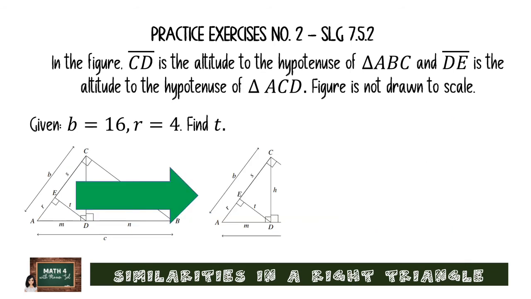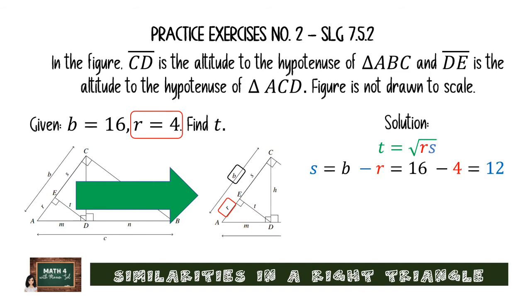We know that T is equal to the square root of the quantity R times S. Since R is already known to be 4, we only need to find the value of S. Since B is equal to the sum of R and S, we can obtain S by subtracting R from B. That gives us 16 minus 4, or 12.